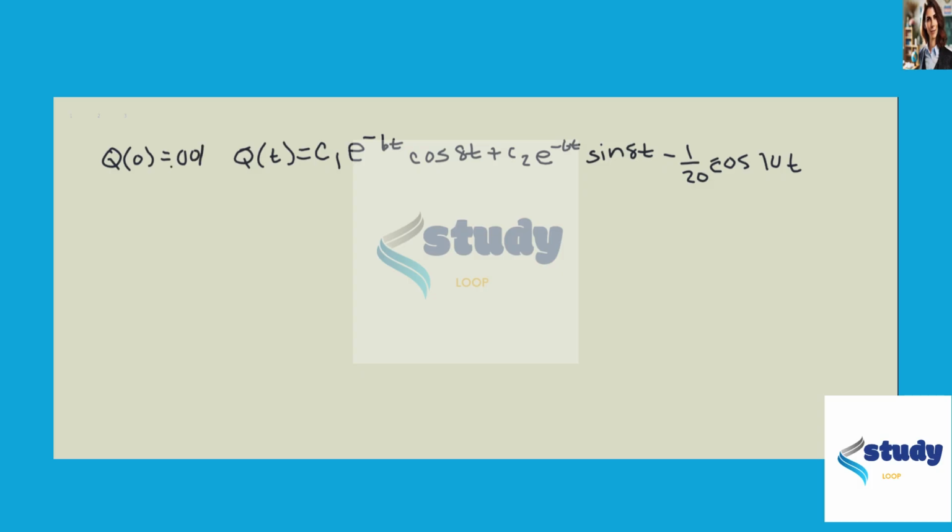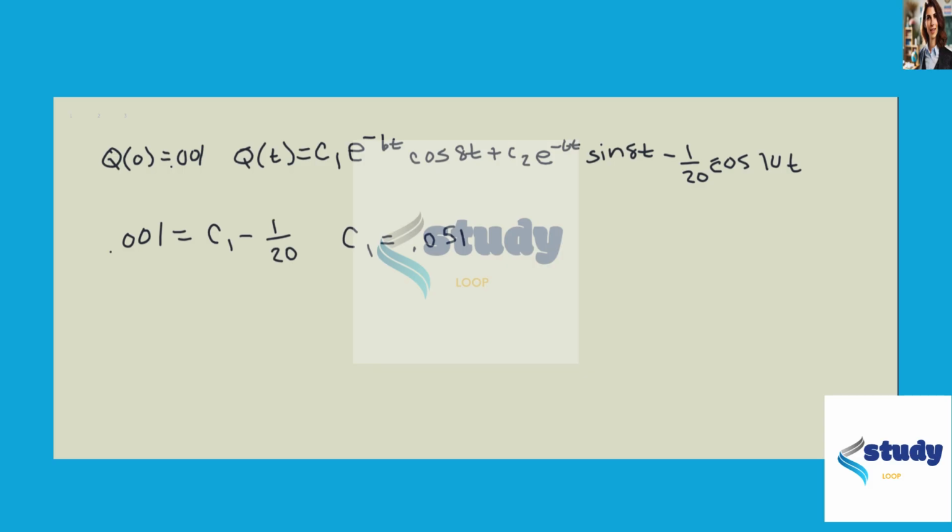Now Q of 0 equals 0.001. So I let 0.001 equal, and I plug a 0 in every time I see a t. So I get c1 cosine of 8 times 0, cosine of 0 is 1, e to the 0 power is 1, so that's c1 minus 1 over 20 times 1.